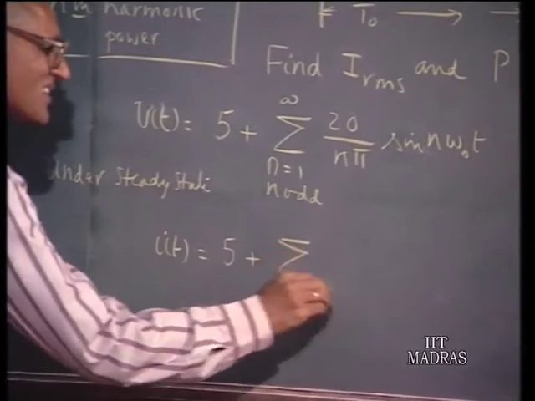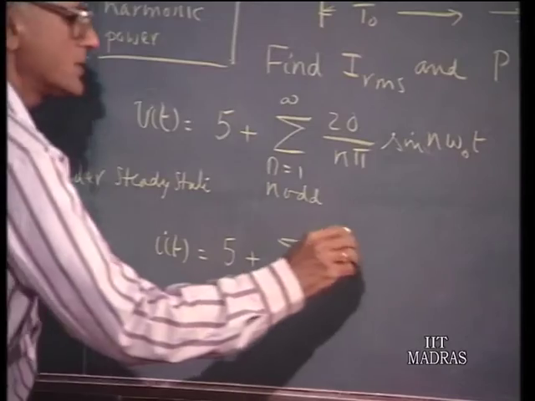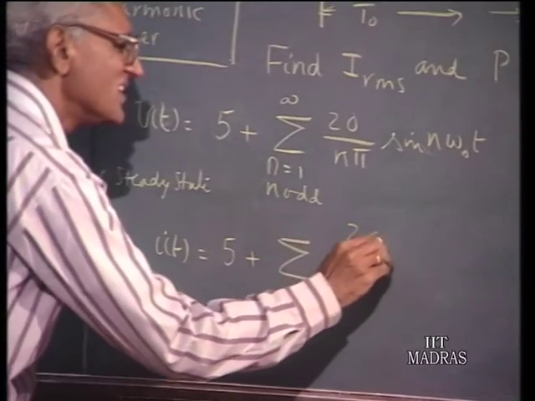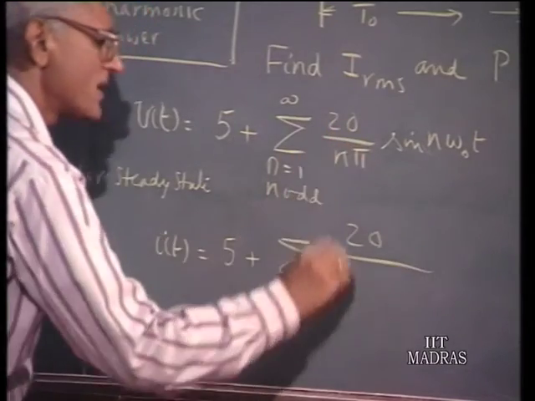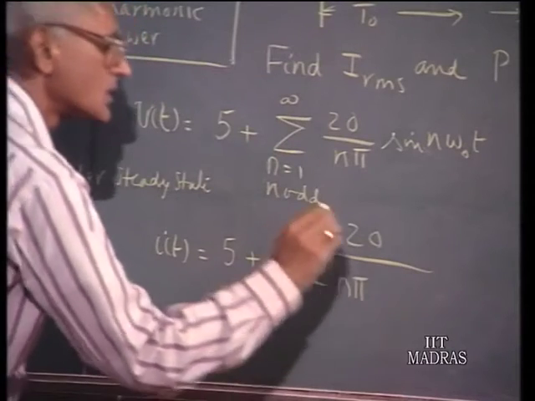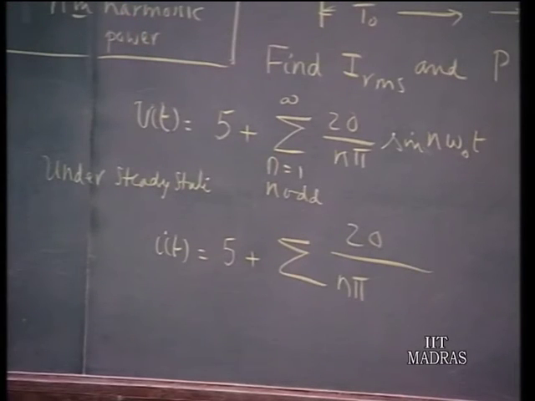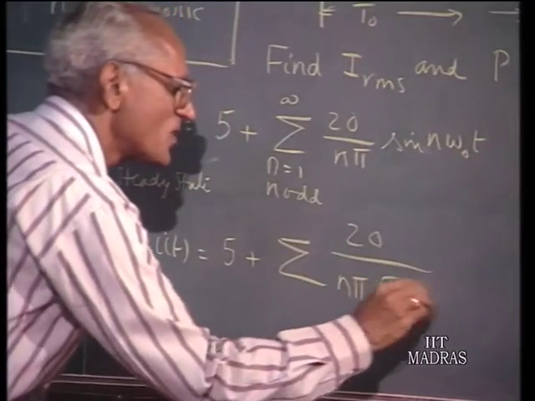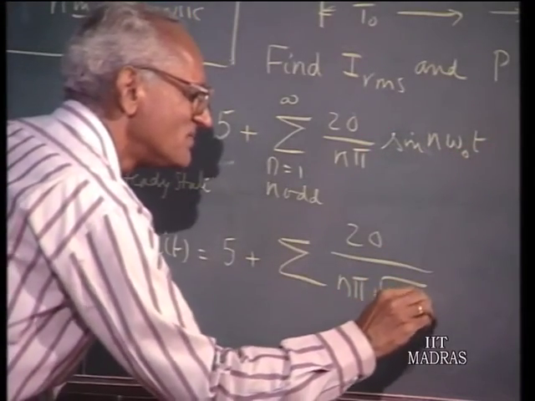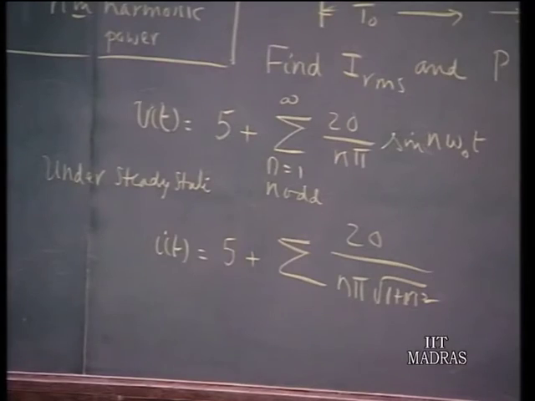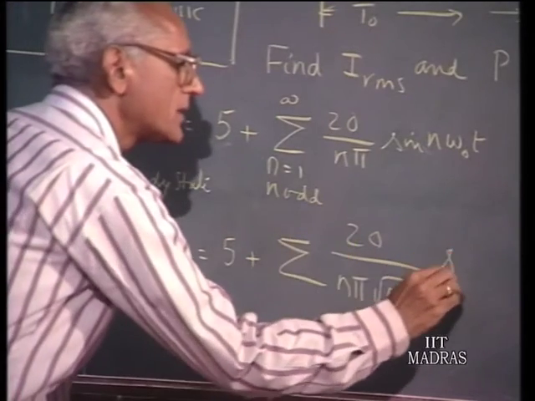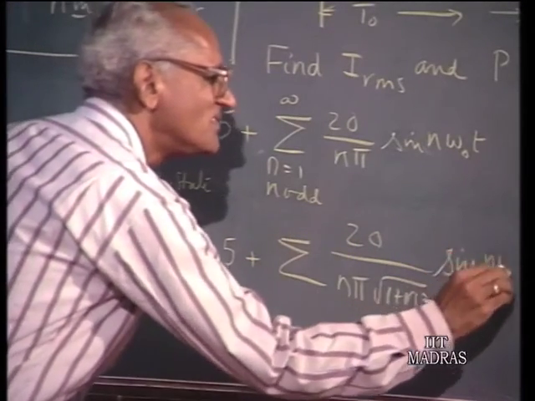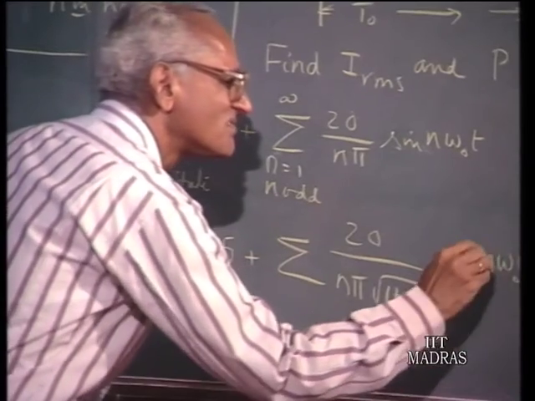And for the nth harmonic component, the voltage is 20 upon n pi. So the peak value of the current will be this voltage divided by the value of the impedance, which is square root of 1 plus n squared, sine n omega naught t.